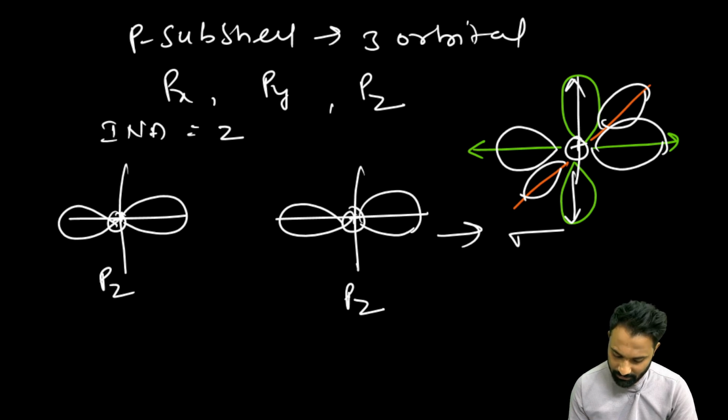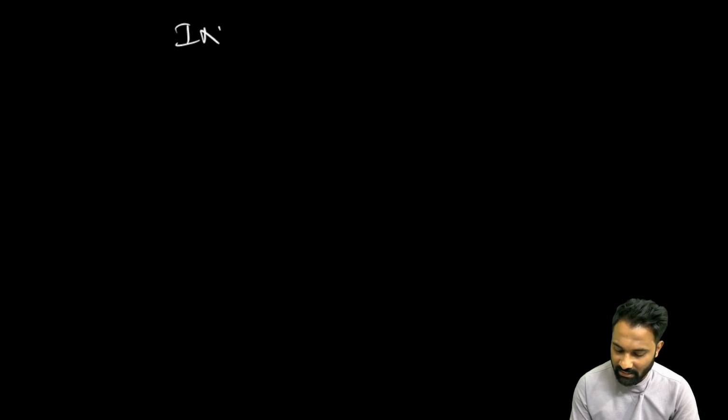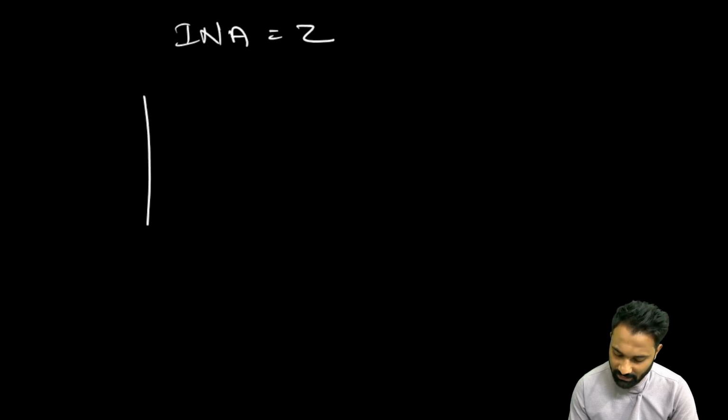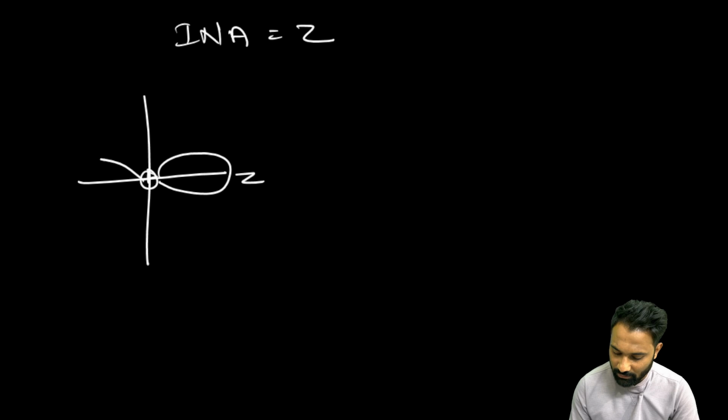Then next, I consider the INA, internuclear axis, is equal to Z, right? Then in this internuclear axis Z, this is Z. On the Z axis we are not having any electrons. Then if I consider the px orbital, this px orbital is perpendicular to the internuclear axis and it is having the electrons.